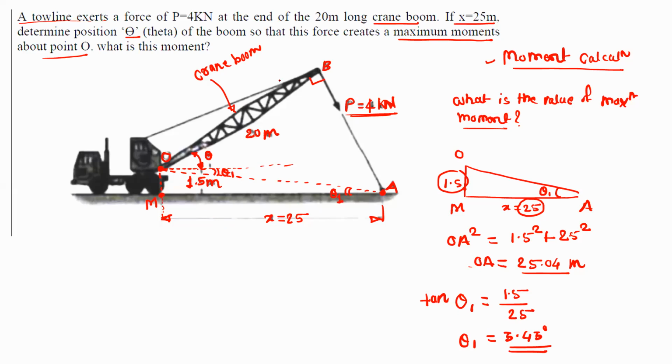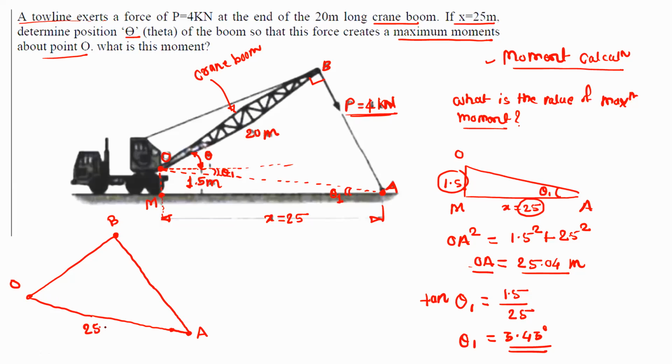Now consider this complete triangle OBA. So I will draw it here. This is point B. This is O. Okay, so in this triangle, OA length is equal to 25.04.